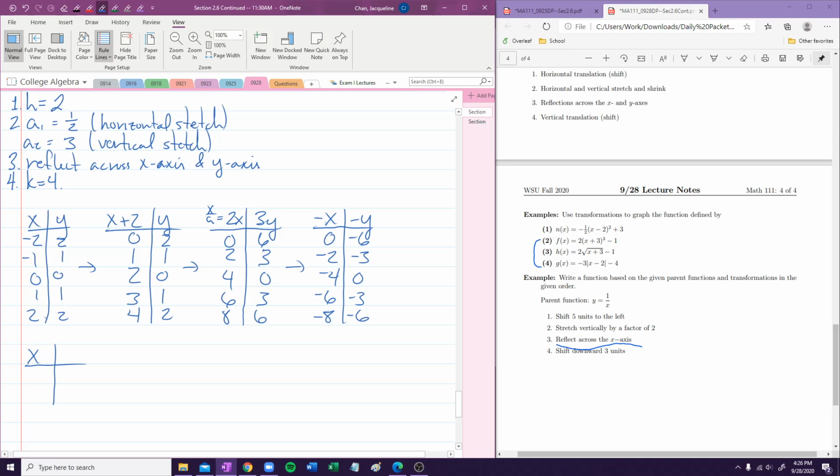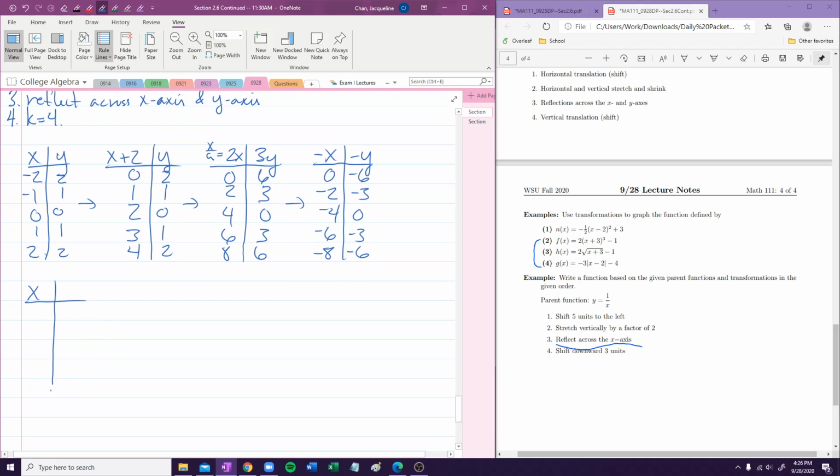K represents the vertical translation, and it affects our y, so this is y plus 4. So I have 0, negative 2, negative 4, negative 6, negative 8. And then my y plus 4, so this is negative 2, 1, 4, 1, and negative 2.